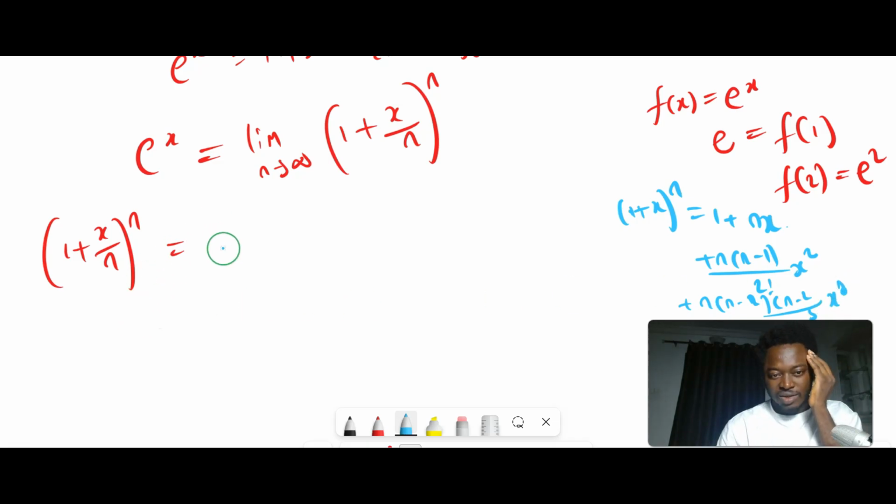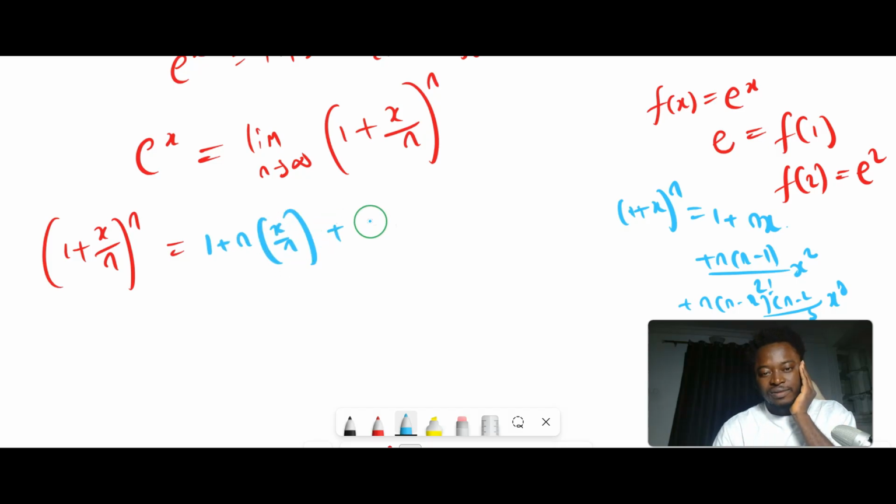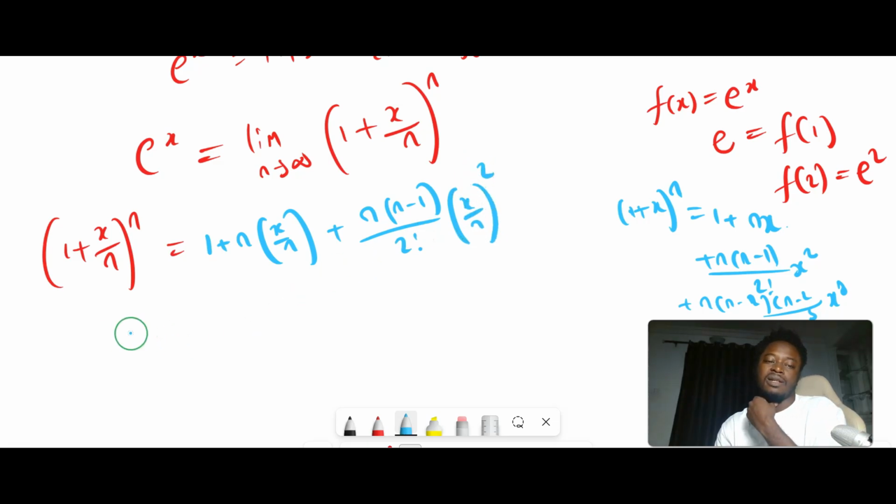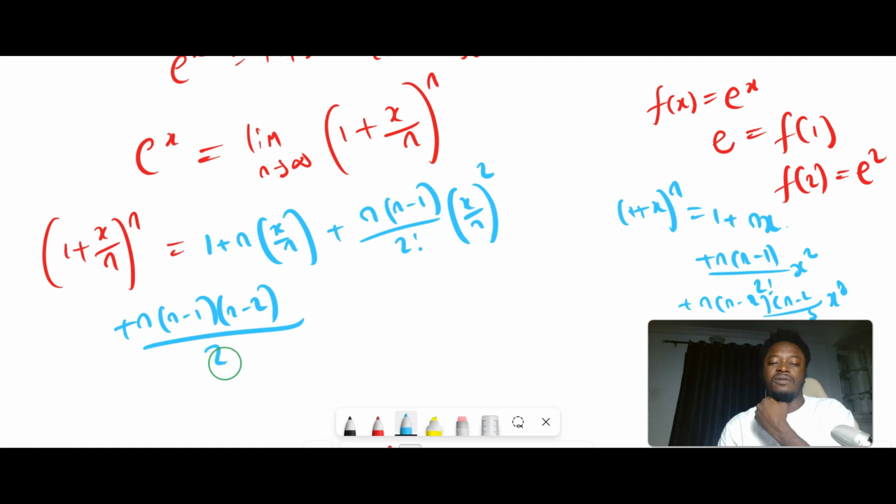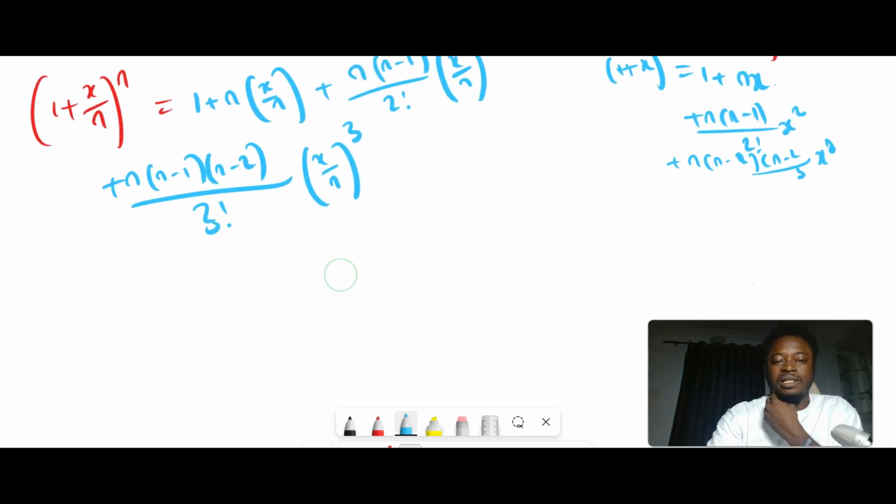So this is going to equal 1 + n times x/n, then times (n - 1)/2! times (x/n)², then plus (n - 1)(n - 2)/3! times (x/n)³.